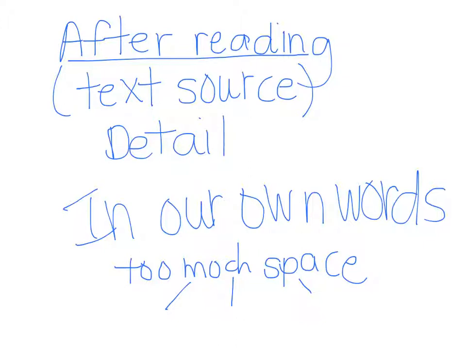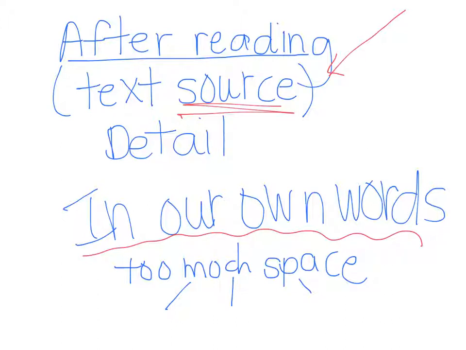So let's summarize while you write your next sentence using a source. After reading, and you cite your source, tell a detail to support your main idea. Use your own words. Pause the video while you write your detail sentence.